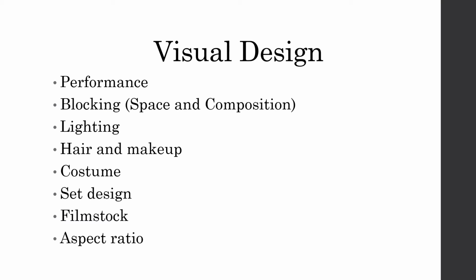If you're shooting on film, you get to look at film stock. If you're shooting digitally, there are filters and LUTs and all these other things you can use. And then aspect ratio. How wide is your movie, your image?